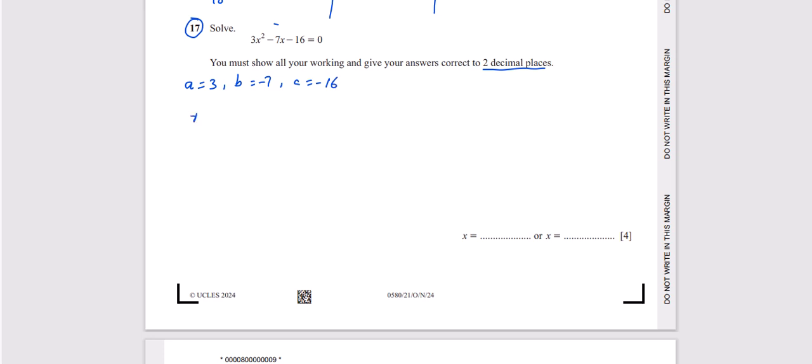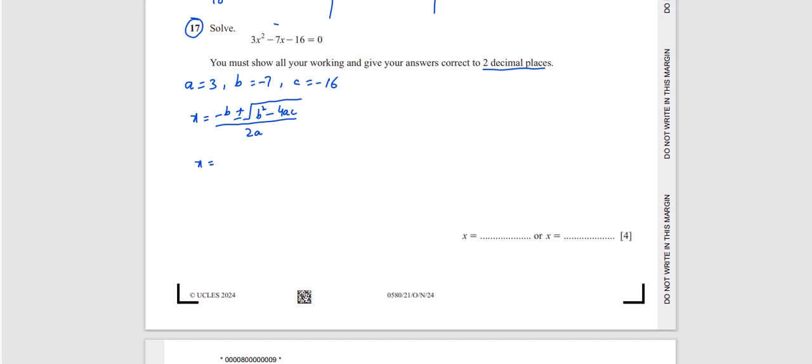Use quadratic formula. X is equal to minus B plus minus square root B square minus 4AC over 2A.